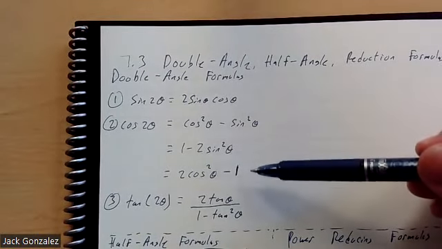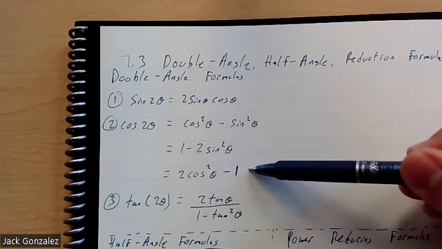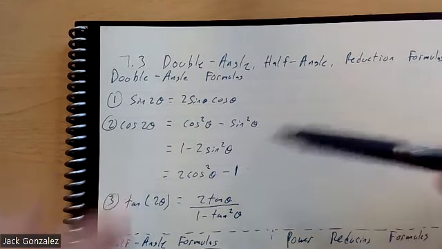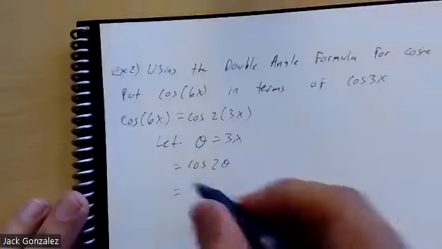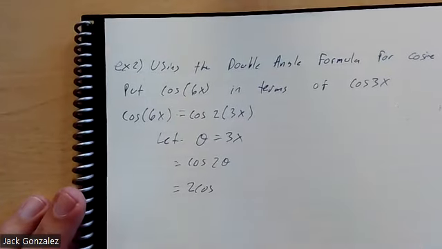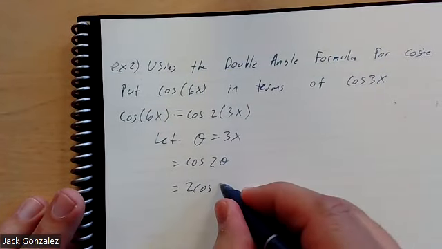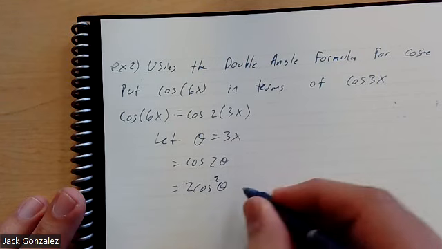They wanted in terms of cosine, so use this bottom one. They didn't say they wanted sine. They use this guy. Right? So that would be 2 cosine squared theta minus 1.